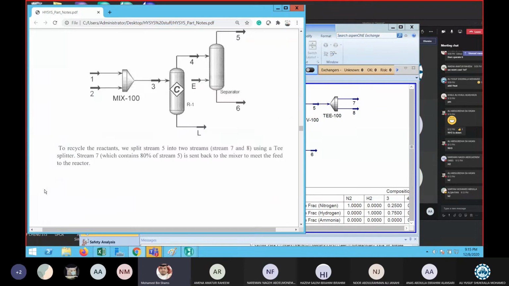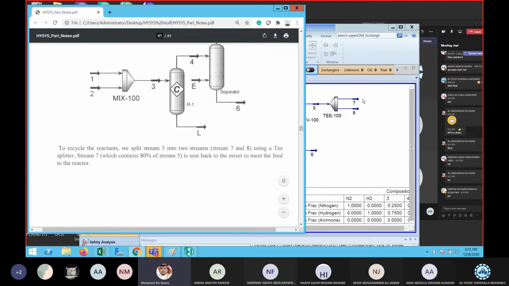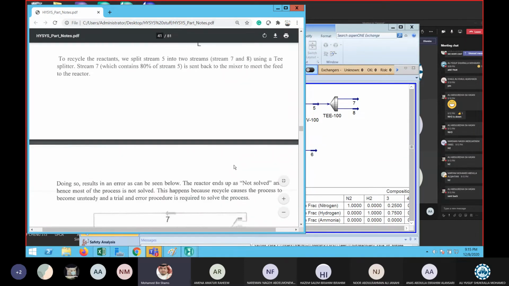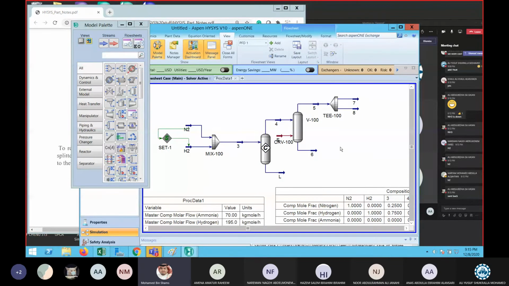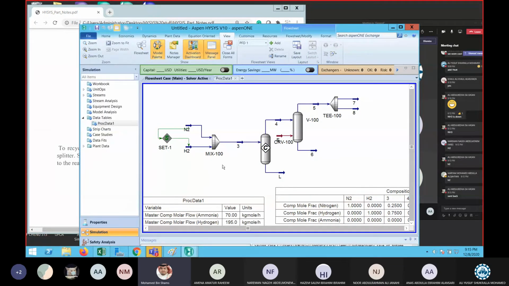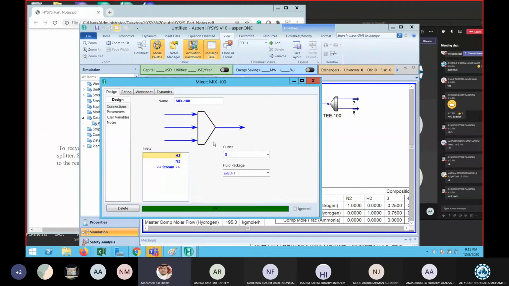Now what he told us is that 80% of stream 5, which he called stream 7, is sent back to the mixer to meet the feed to the reactor. So what do I do with the mixer?